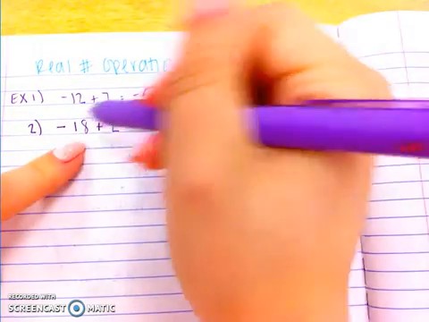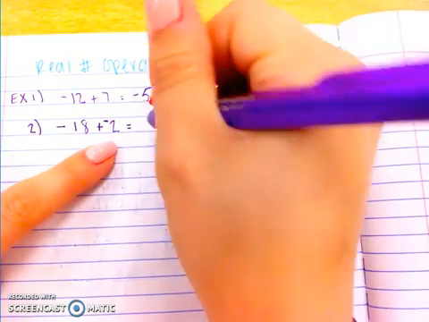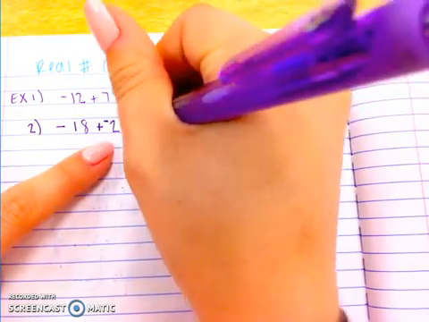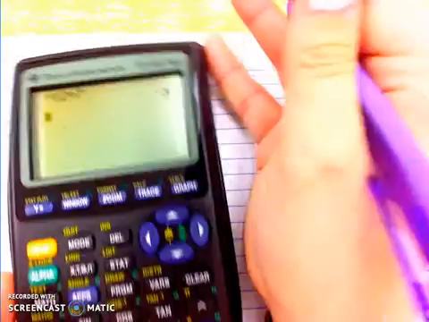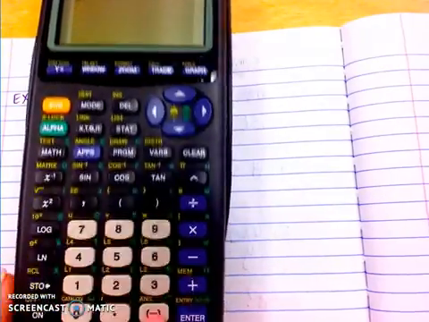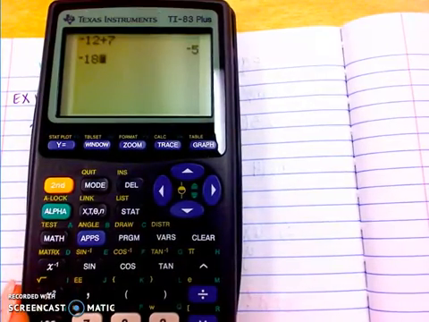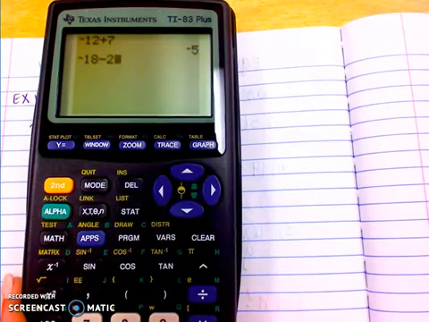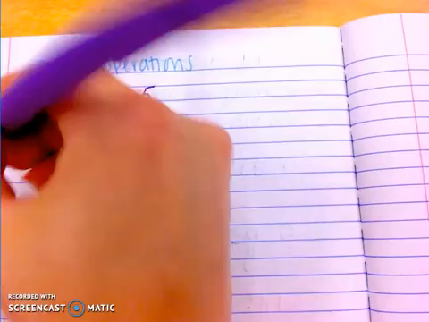And now I have same signs so that I can add them together. 18 and 2 is 20, and keep the sign. It's a negative. In the calculator, you would have that negative sign all the way down here, 18, and you can do plus a negative 2 or minus 2 more. It's the same thing. It's still negative 20.